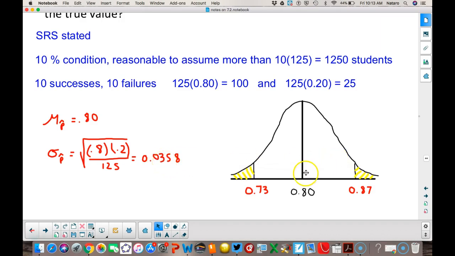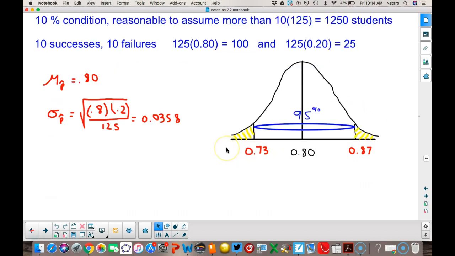So if we go out 3.5% and another 3.5%, we've gone out 2 standard deviations from our mean. And if you remember our 68, 95, 99.7 rule, 95% of a normal distribution is within 2 standard deviations. So if you recognize that, you would not even have to calculate a z-score or use the table.